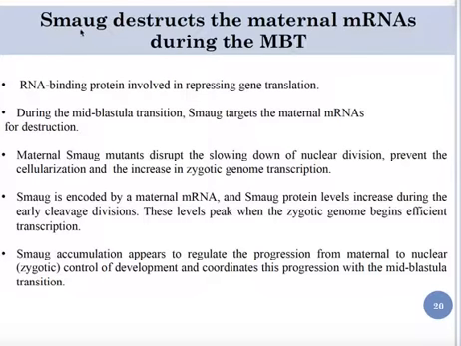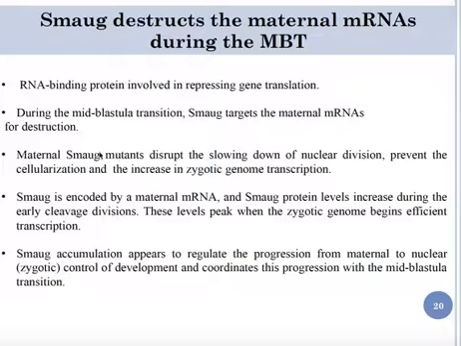So what is Smaug? As I mentioned, it's an RNA binding protein that will bind to specific messenger RNAs in order to destruct or to degrade them. So they tried to mutate Smaug. They made maternal Smaug mutations in Drosophila.